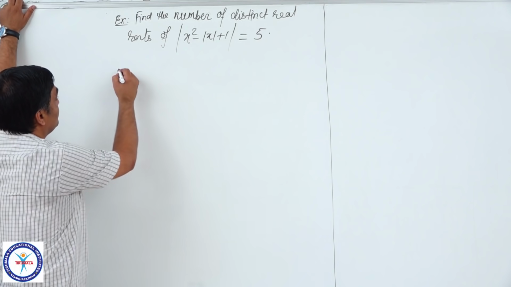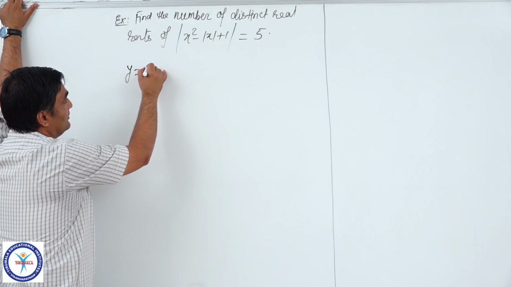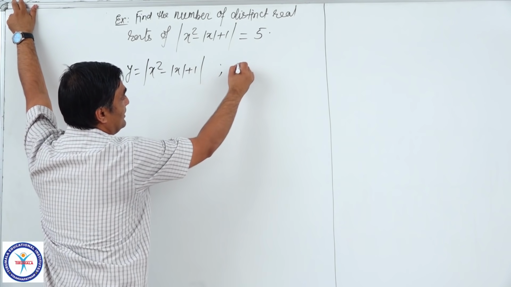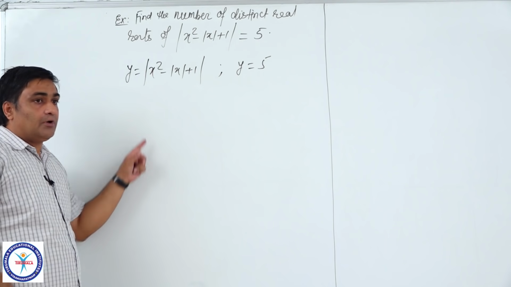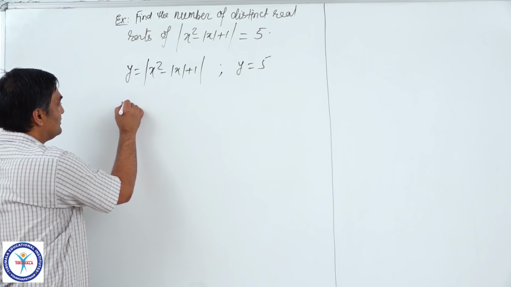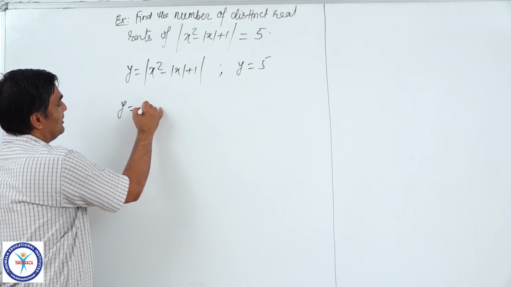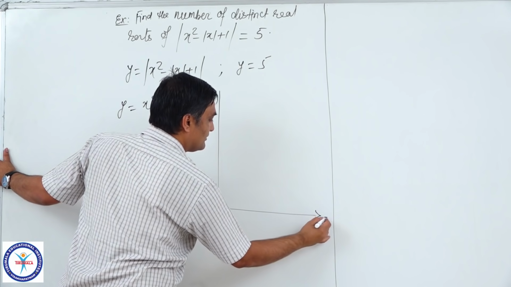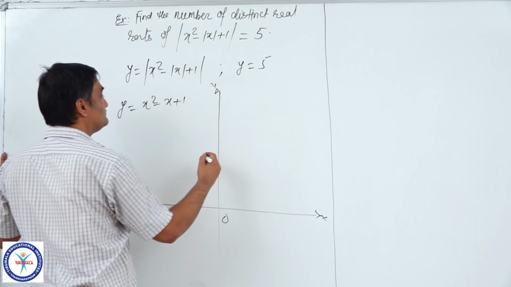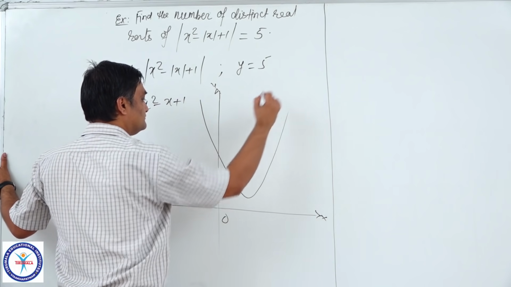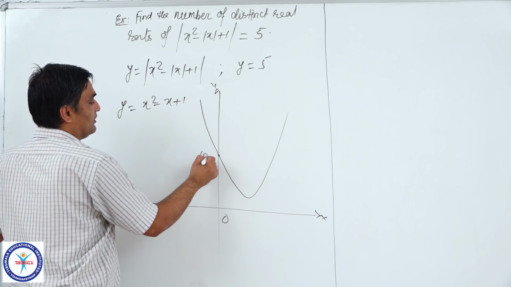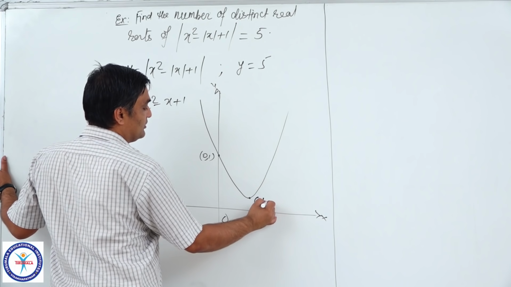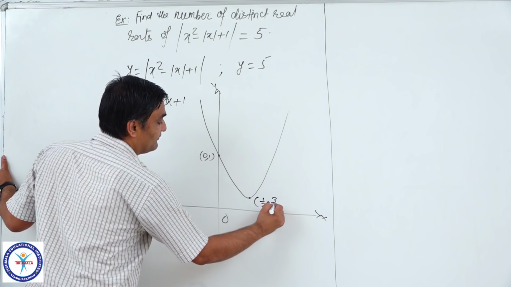Draw 2 graphs, y equal to mod of x square minus mod x plus 1, and y equal to 5. Well, for this we will start with y equal to x square minus x plus 1. The graph is 0 comma 1, and 1 by 2 comma 3 by 4.